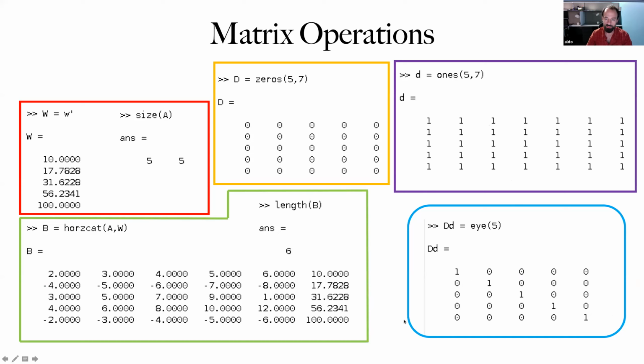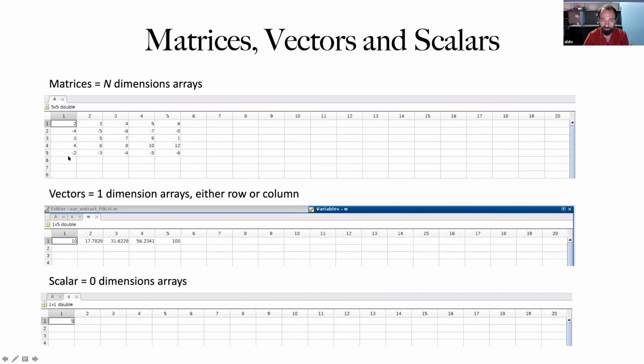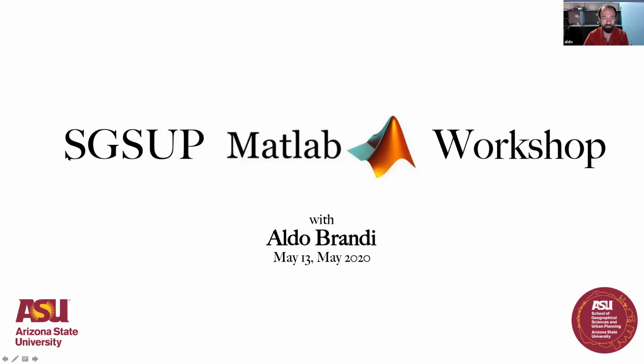But there are also other operations that you can perform, like horzcat, which basically is a concatenation on the horizontal axis. So here, I concatenated the matrix A from previous examples and the matrix W, the vector W, which originally, if you remember, was a row.